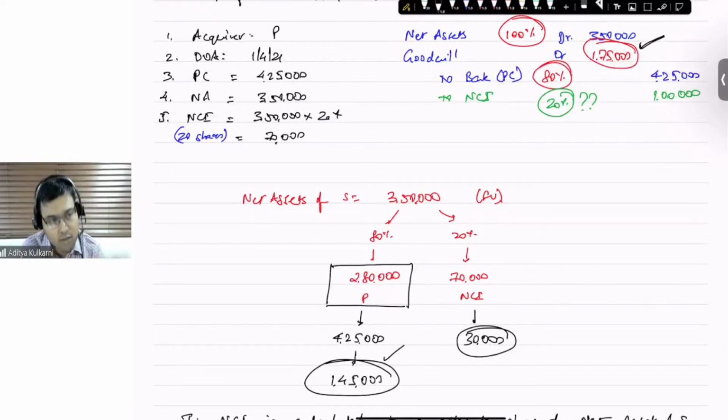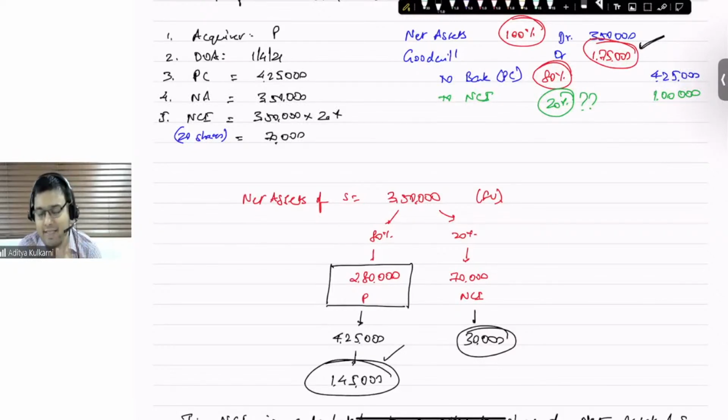So what will he do? He will go to NCI, he will say I want to buy your shares. Do you think NCI will sell the shares at 70,000 rupees? Do you think P is in a position to argue that, the net assets is 3,50,000, 3,50,000's 20% is 70,000, I am going to give you only 70,000? Can P Limited argue like that?